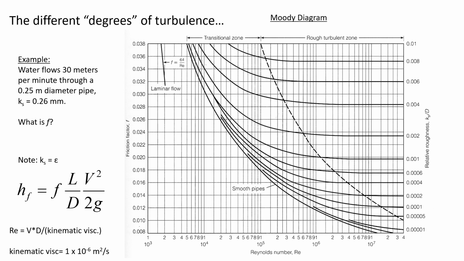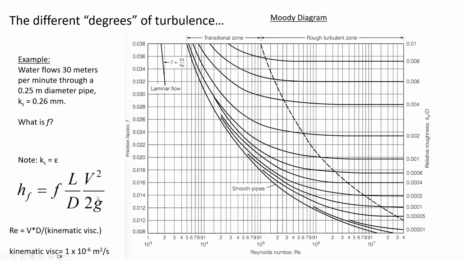So we just divide by 60 seconds per minute, and we have a flow velocity of 0.5 meters per second. The K sub S, or the equivalent sand roughness, is 0.26 millimeters. And the diameter here is 0.25 meters, which is the same as 250 millimeters. You'll see why in a minute I bothered to make that conversion.